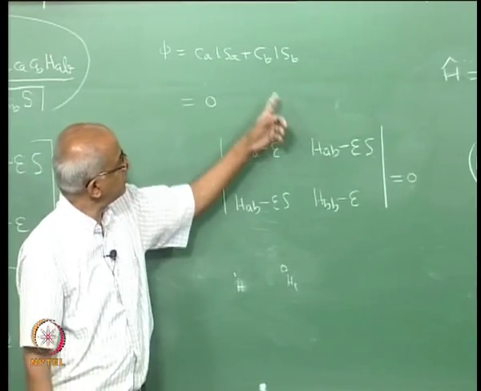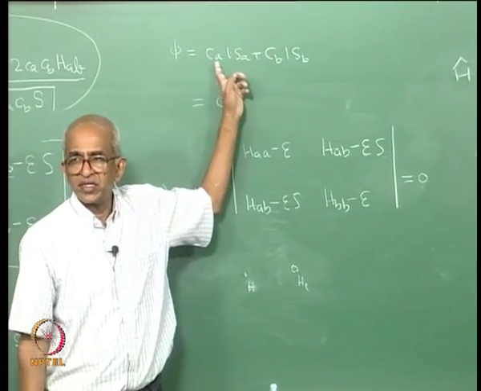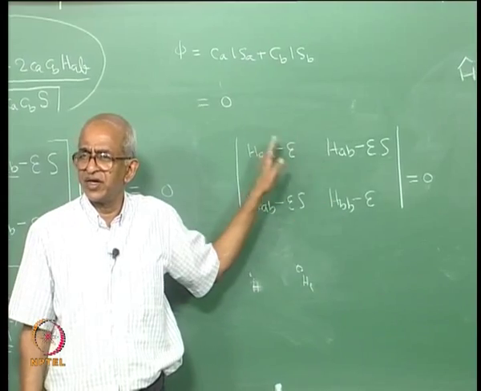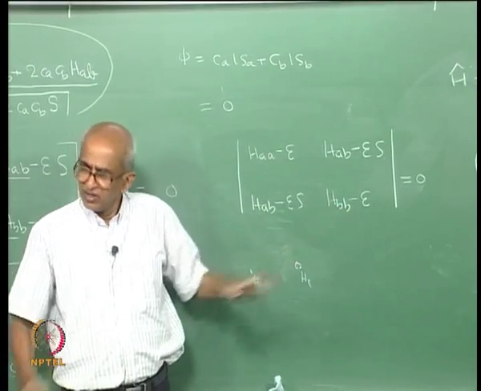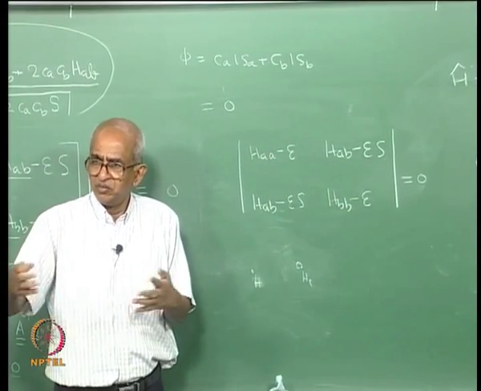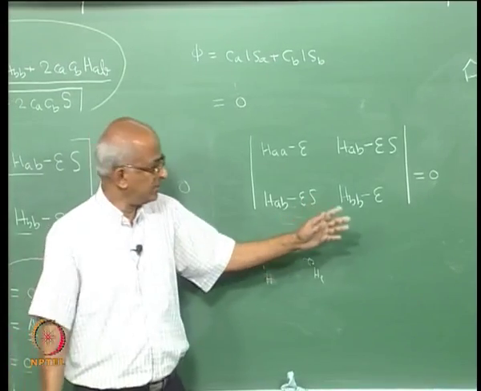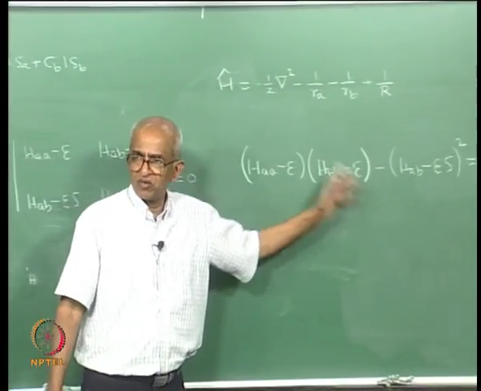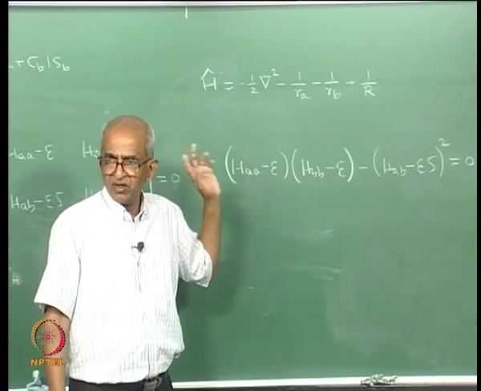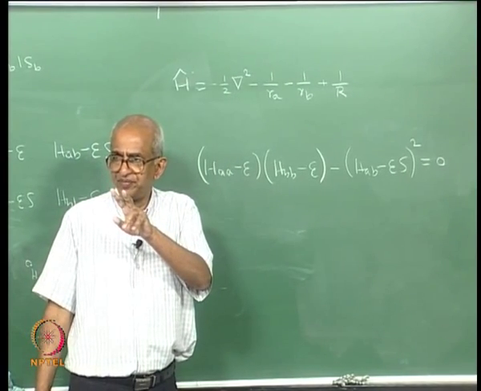Even for that, if I assumed that I may take a linear combination like this, all the analysis that I have carried out can be pushed through without any difficulty. You will get this as the answer even for a more complex system, which has only two atomic orbitals.